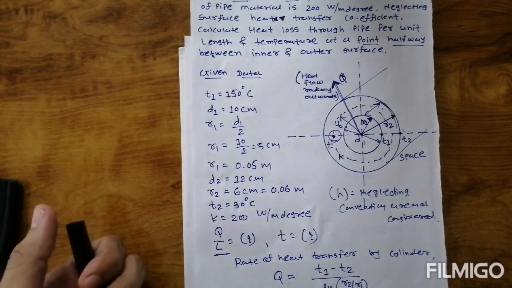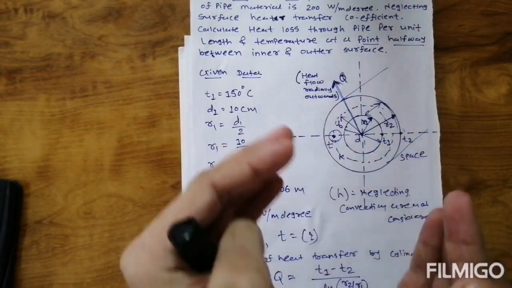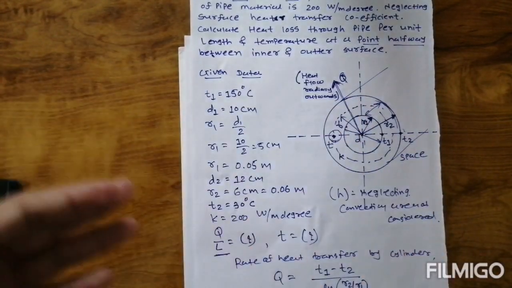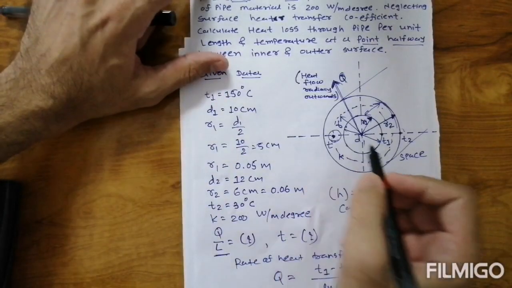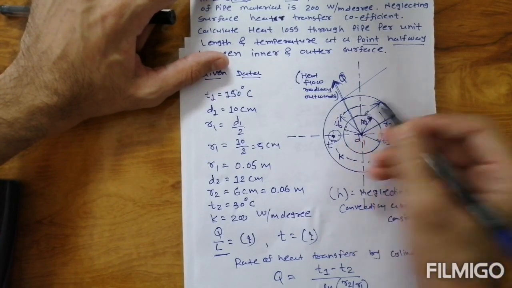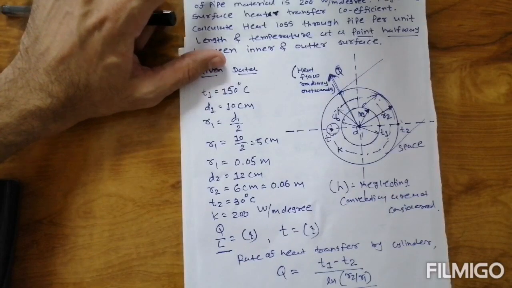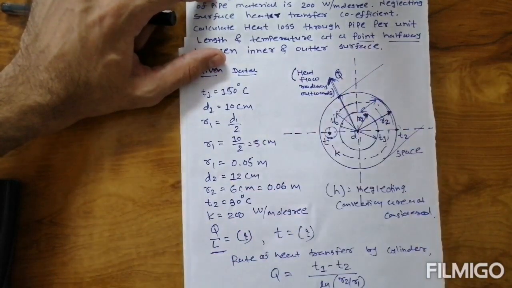So how can we find it? Now we consider that our cylinder is divided into two parts. How? First the heat transfer takes place from the inside cylinder to the halfway, and then after that, from the halfway to the outside. So it will be divided into two parts.